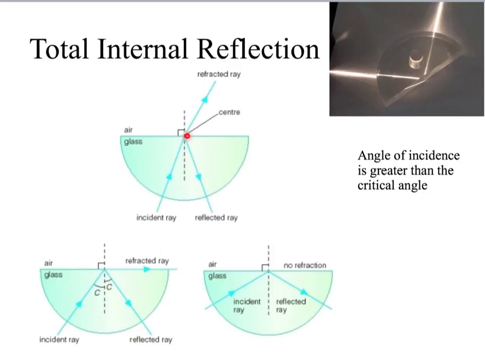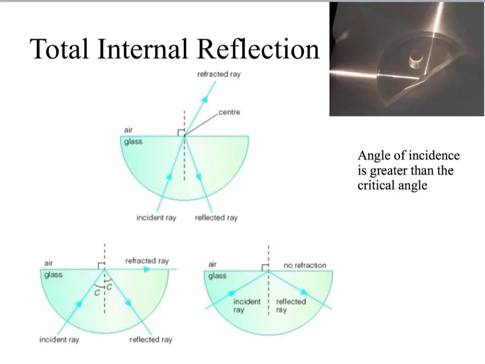When the light reaches this point, a small amount of it is reflected back into the glass block, but most of the light passes out of the glass block. It doesn't continue in the same direction, it's refracted slightly. This is because the air is less dense than the glass, so the light speeds up as it leaves the glass block.